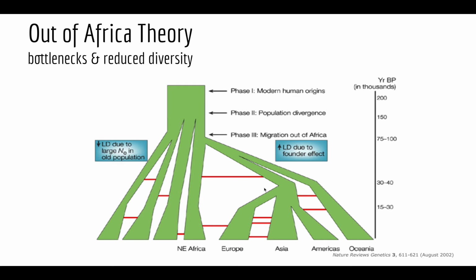And these multiple waves over time explain why if we sequence individuals from, say, Southeast Asia versus Europe versus sub-Saharan Africa, we will observe genetic variation at the same site in the genome that is polymorphic, but the frequency of the different alleles is very different across those different populations.